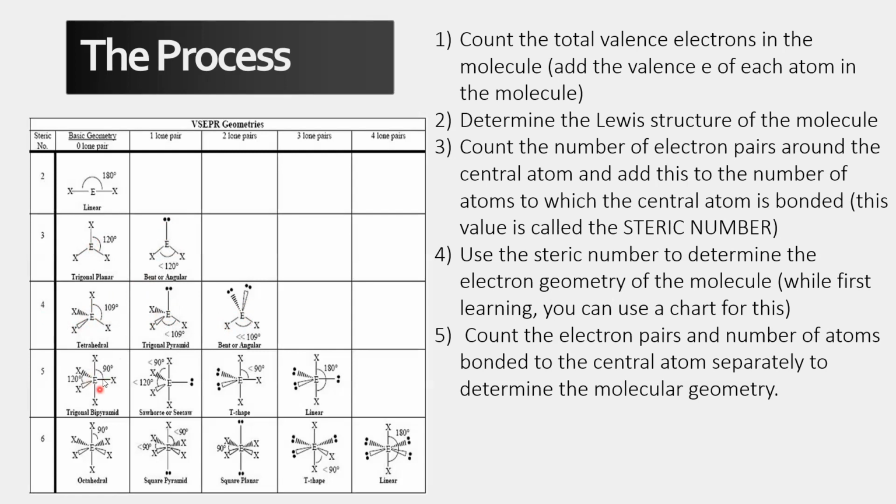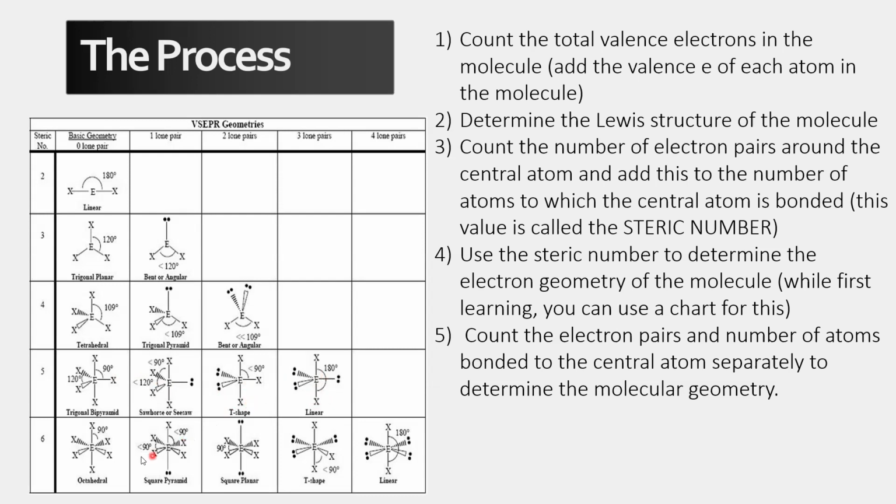There's a similar pattern for a steric number of 5, where you can have 5, 4, 3, or 2 atoms with 0, 1, 2, or 3 lone electron pairs, respectively.